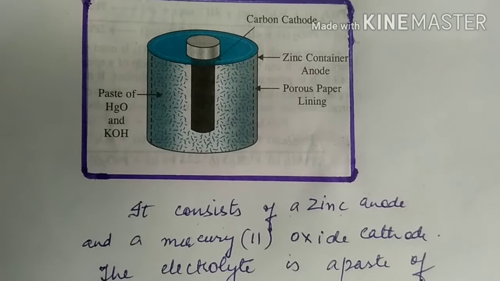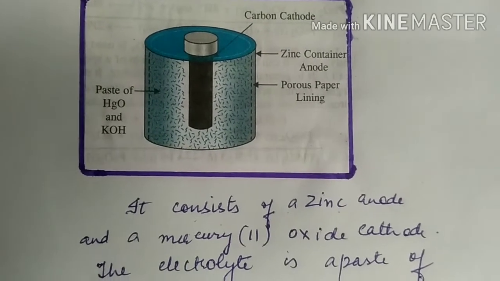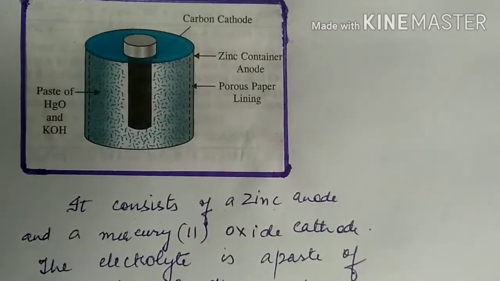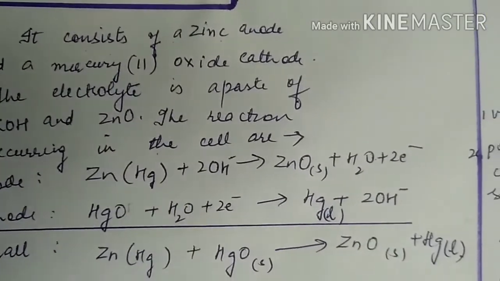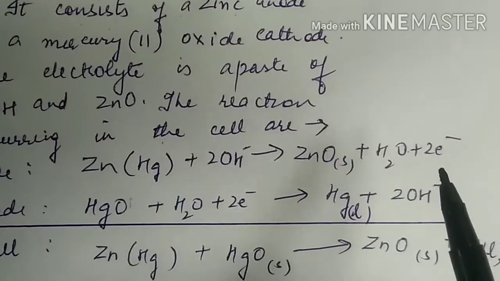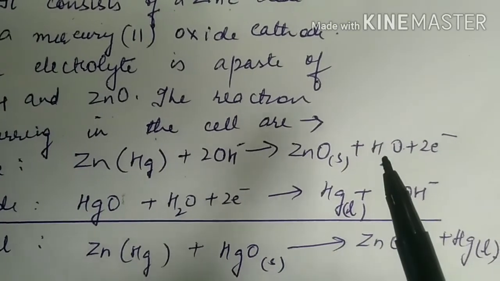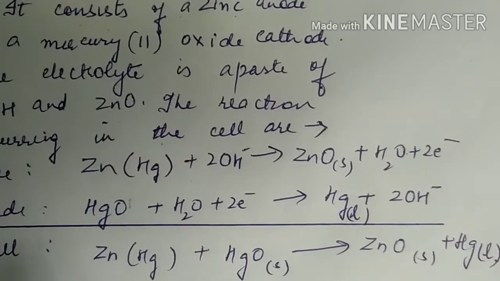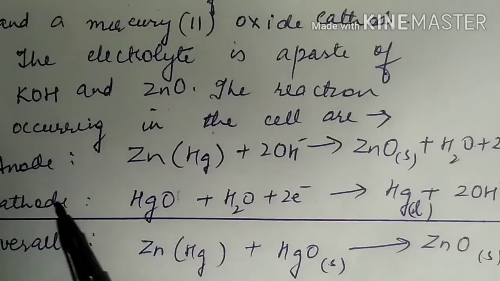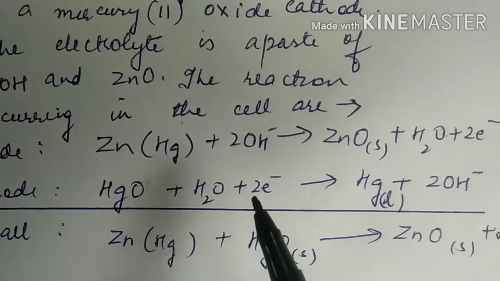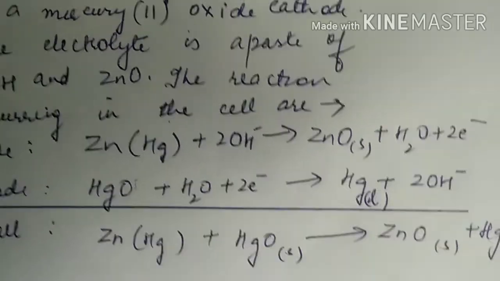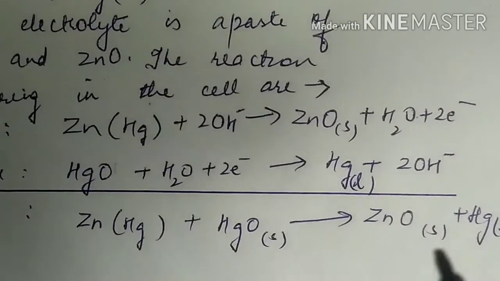The working of the cell is, at the anode, zinc amalgam will give electrons while reacting with hydroxide ions to form zinc oxide and water. Electrons will be released. At the cathode, mercury oxide and water will take these electrons to form mercury and hydroxide ions.